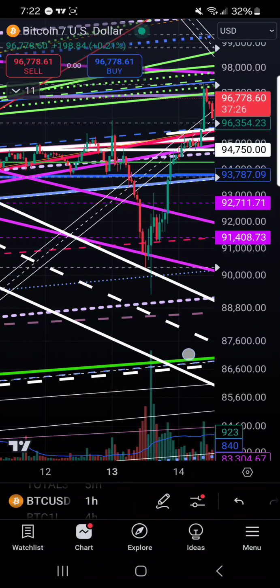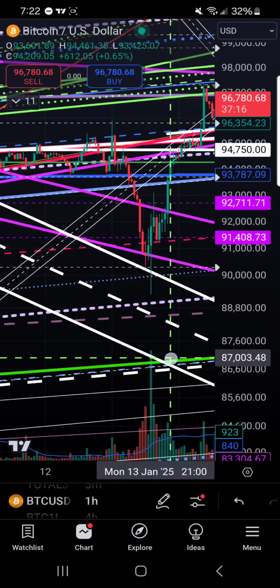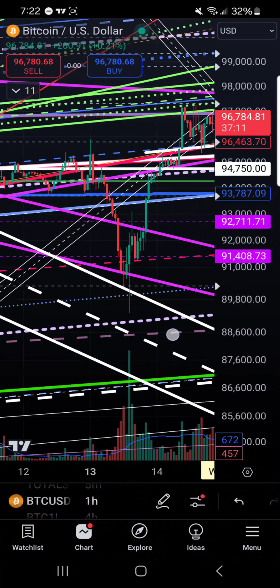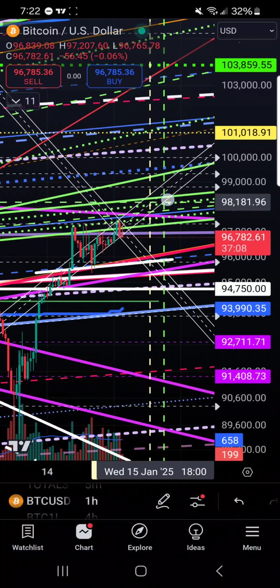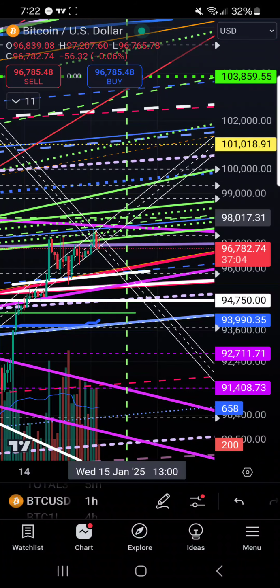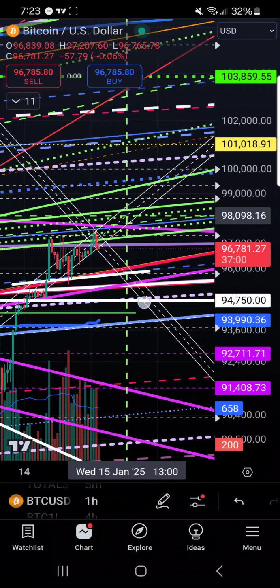We lost it there on Monday for our dump down here to 89. But then we quickly came back up and held it as support again, once again. So now are we heading to that target? That could be right up here in anticipation of the CPI data numbers.